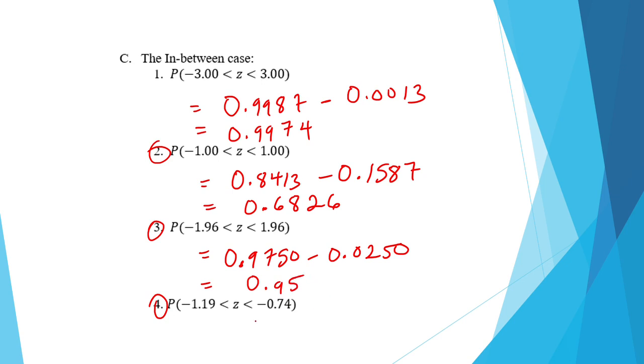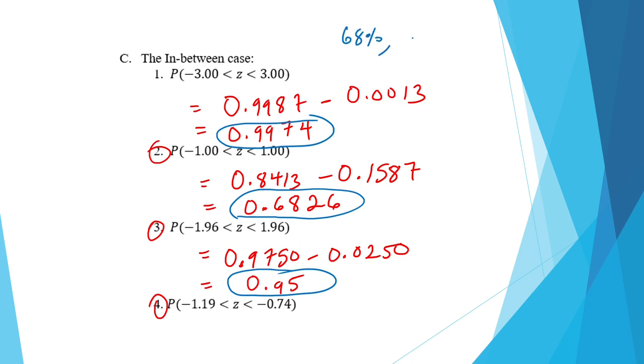Now these numbers should look familiar to you. I want you to notice that this is approximately 99.7%, this is approximately 68%, and this is 95%. Do those numbers ring a bell? 68%, 95%, and 99.7%.